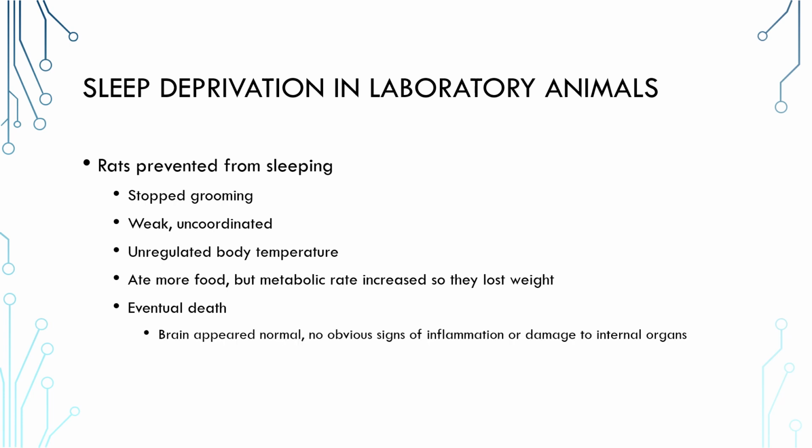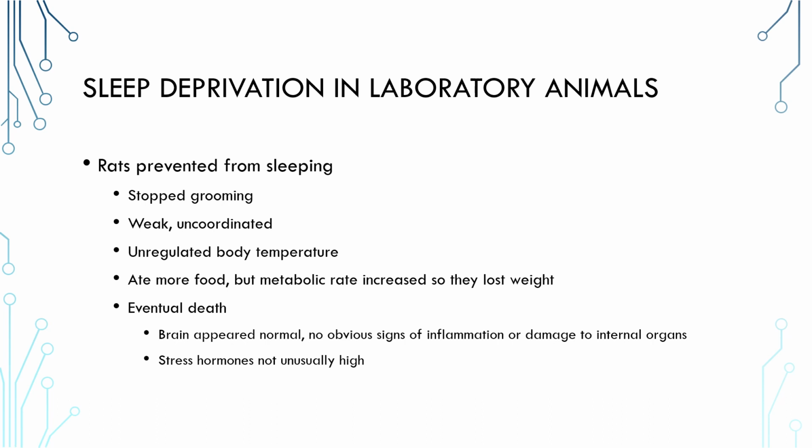Now, they did a necropsy, which is the animal version of an autopsy. In the necropsy, they examined the brains of these rats. And what they found was that the structure of the brain appeared normal. There weren't any signs of inflammation or damage to any internal organs that they could see. And this might be one that a lot of you wouldn't expect, but their stress hormones weren't unusually high.